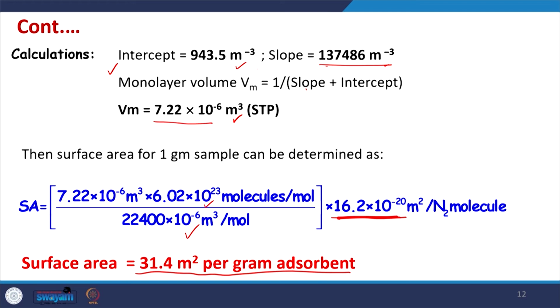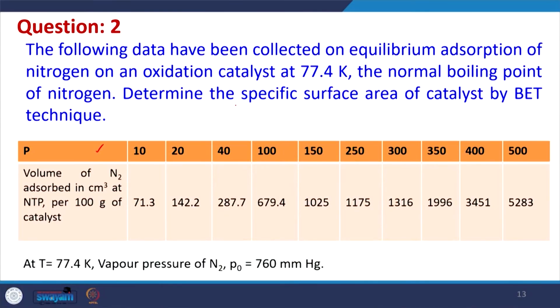So, this is the surface area which has been obtained. This way we can determine the surface area, and we can determine the average pore size etc. also using this equation.